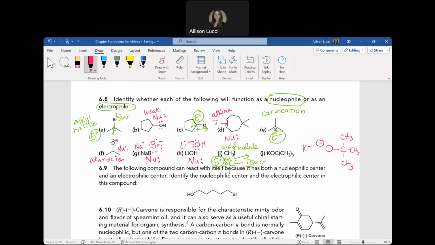And it's an alkoxide again, right? This alkoxide anion results. And because of all these lone pairs on the oxygen, it's electron rich, and this can also serve as a nucleophile. So next time we'll take a look at practice problem 6.9.